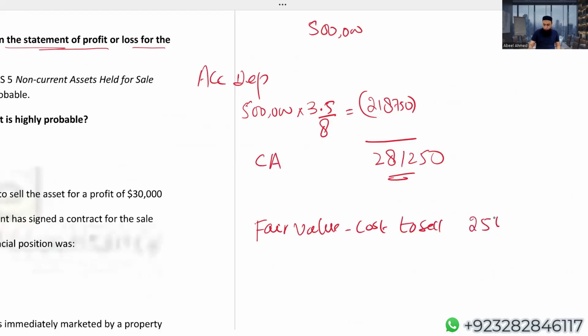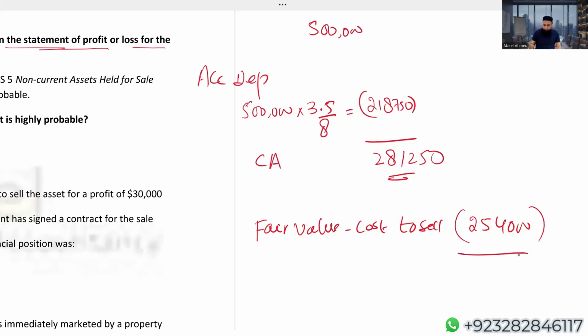First of all, students, after applying IFRS 5, no more depreciation. Second, after applying IFRS 5, you will have to keep your non-current asset held for sale at the lower of carrying amount and fair value minus cost to sell. So we have to bring this property, plant and equipment from 2,81,250 to 254,000.